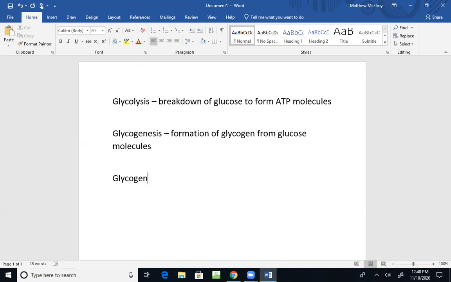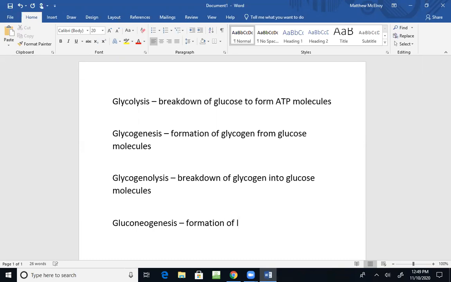Opposite of glycogenesis is glycogenolysis, which is the breakdown of glycogen into glucose molecules. And then there's gluconeogenesis, which is the formation of glucose molecules from non-carbohydrate sources, things like lipids and proteins.